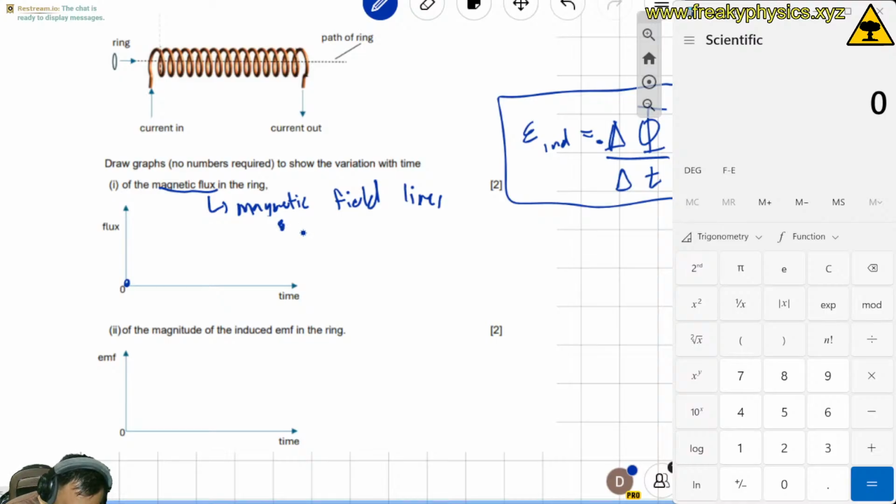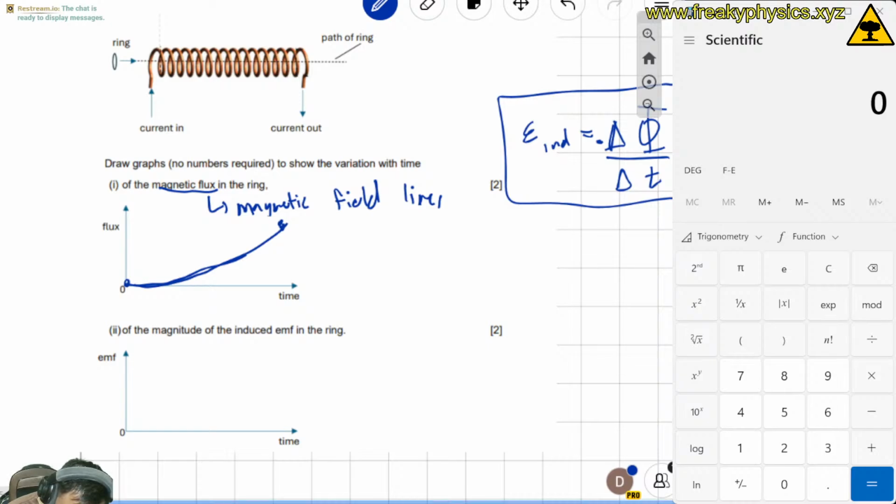So this is the maximum flux. Basically, you could get a curve like that. It's not gonna be a straight one, because the further away you are, it's closer to zero. So it's gonna curve a little bit like this.